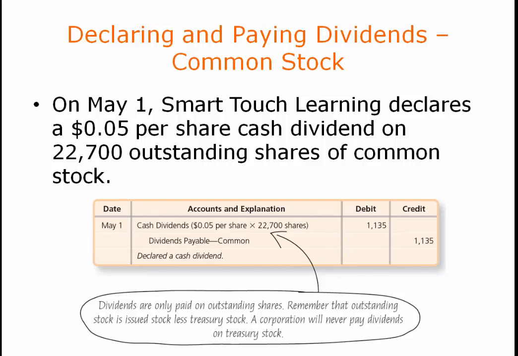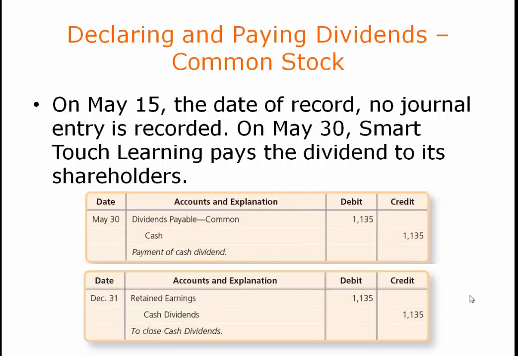And this is going to be a reduction in the equity section, and this is going to be part of the liabilities. So 50 cents per share on the outstanding shares of 22,000. So this is on the declaration date, but it's only on outstanding shares. So you don't want to have it with treasury stock. You don't pay a dividend on treasury stock.